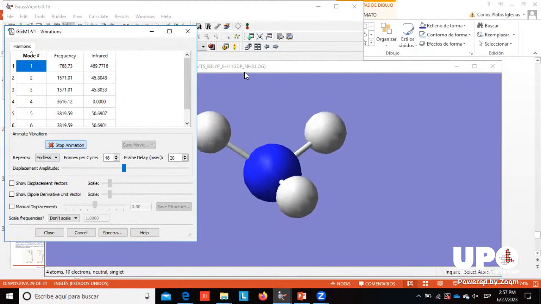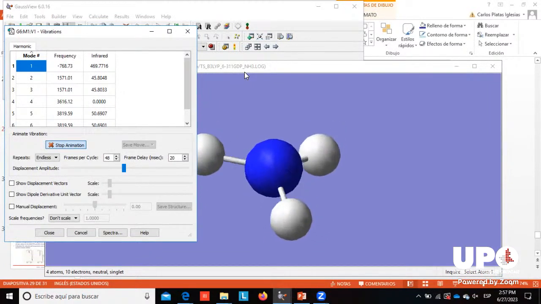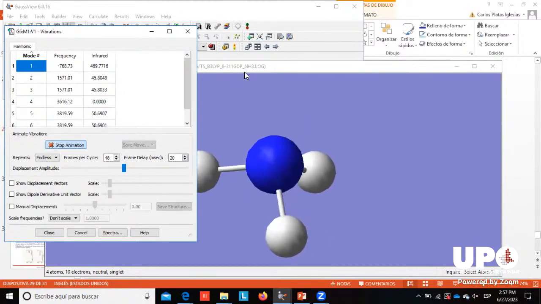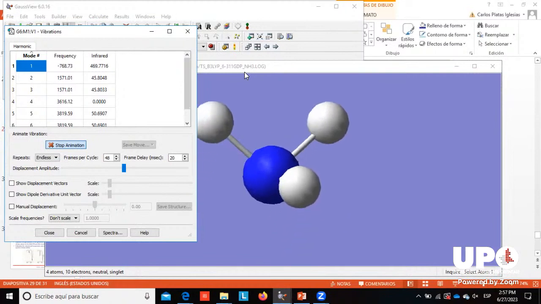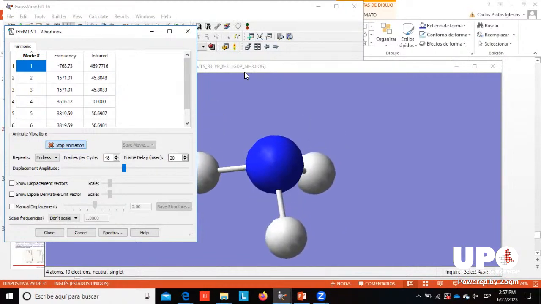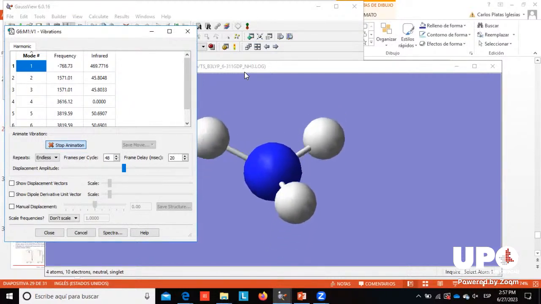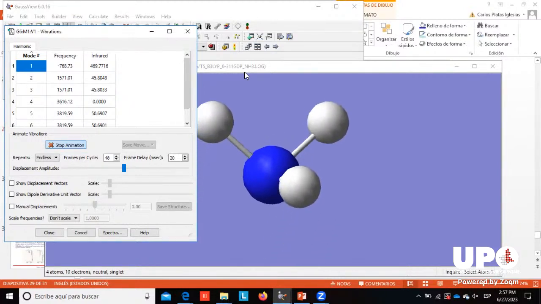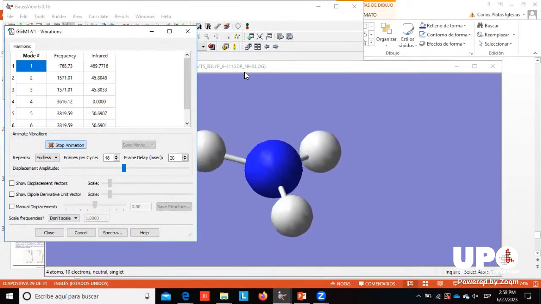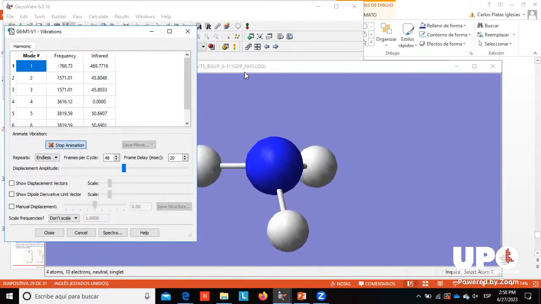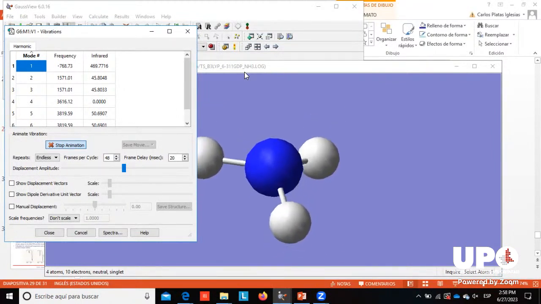If so, we are pretty sure that we got the transition state that we are looking for. And indeed, in this case, it looks like that negative vibrational frequency corresponds to the inversion of ammonia, right? Any question? No? Oh, sure.